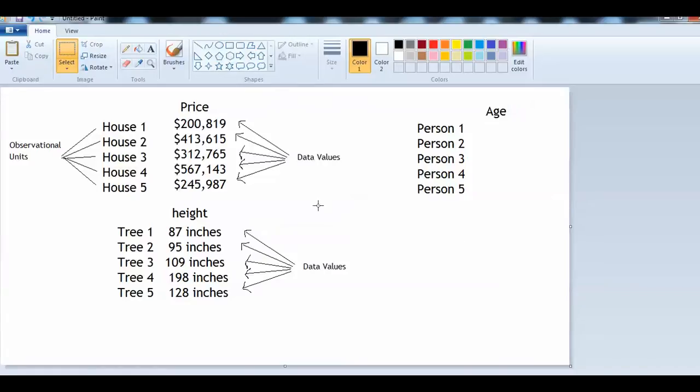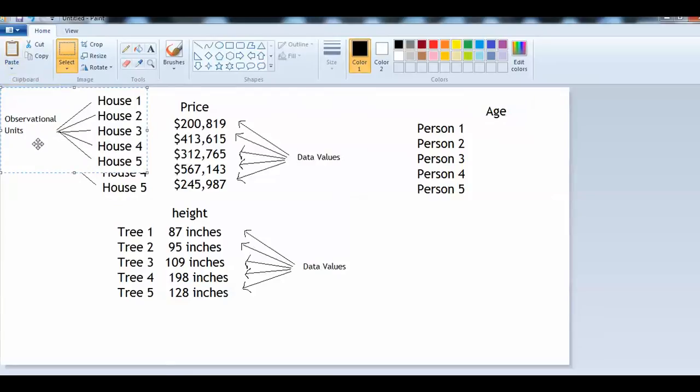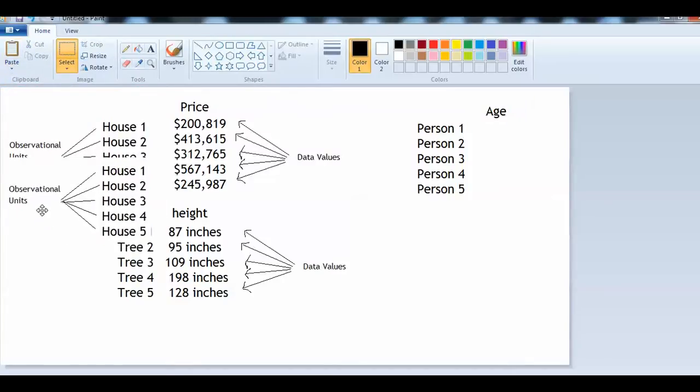The 5 heights are the data values, and the 5 trees are the observational units.